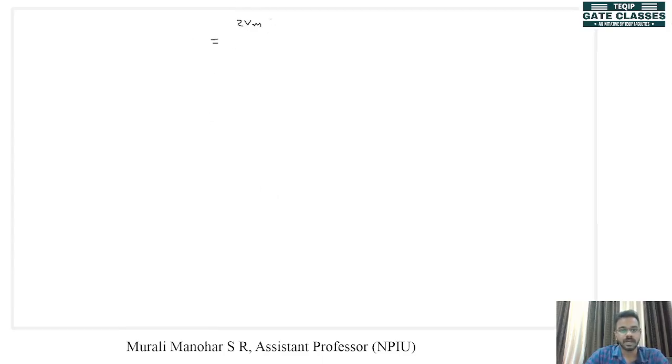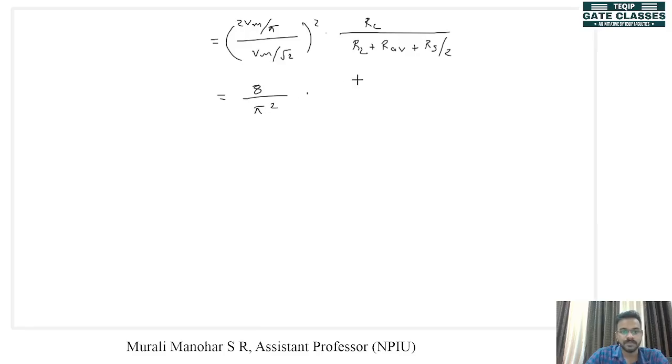VDC is 2Vm by pi, and VRMS is Vm by root 2, whole square, into RL divided by RL plus RAV plus RS by 2. Root 2 goes above, Vm cancels. So this is 8 by pi square into RL divided by RL plus RAV plus RS by 2.